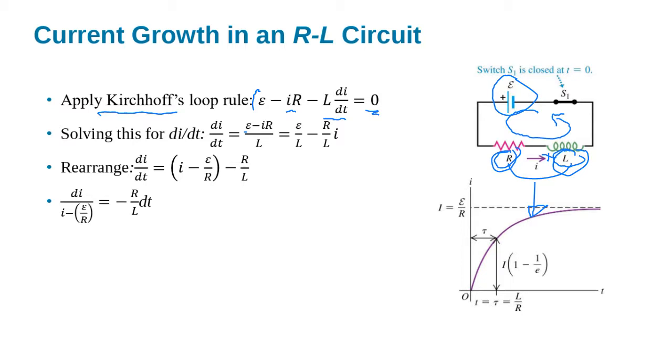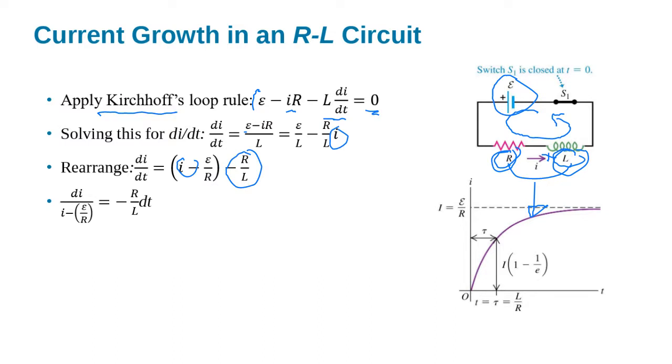So let's pull out a factor that gives us just R over L. We need to pull out the I from here, and then minus epsilon over R, and that will mean we can get R over L on its own.